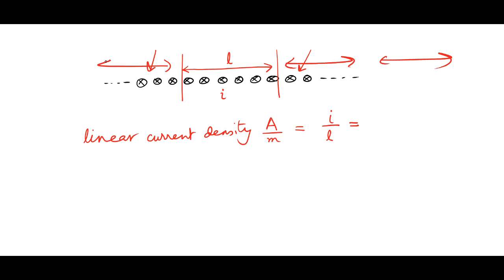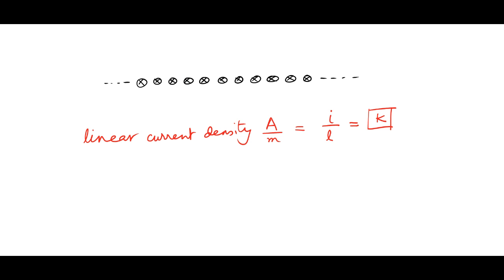The current being uniformly distributed all over the plane, the linear current density is a constant, and that constant I'll call K. So if I have a plane carrying current of uniform density, linear current density being equal to K, then the question is, what is the magnetic field which this particular current distribution generates?